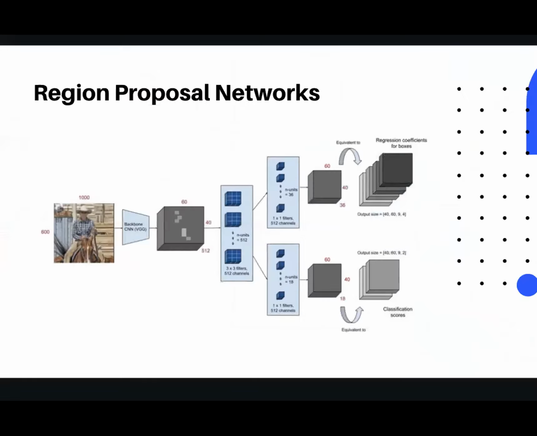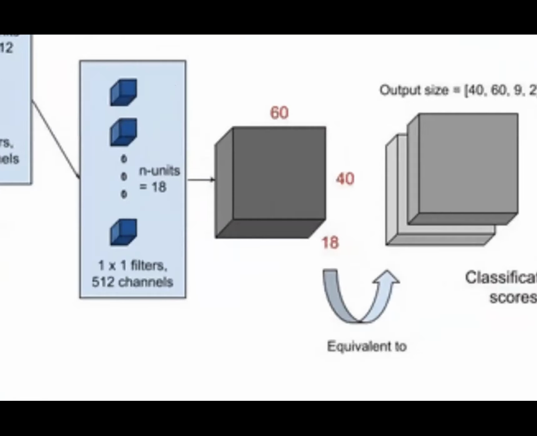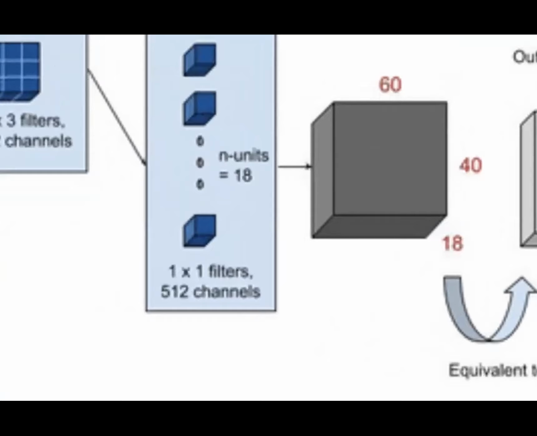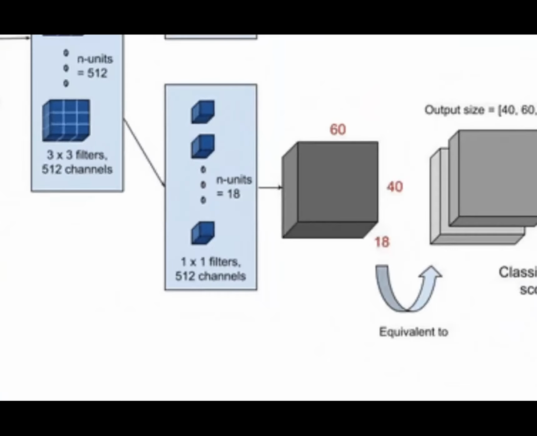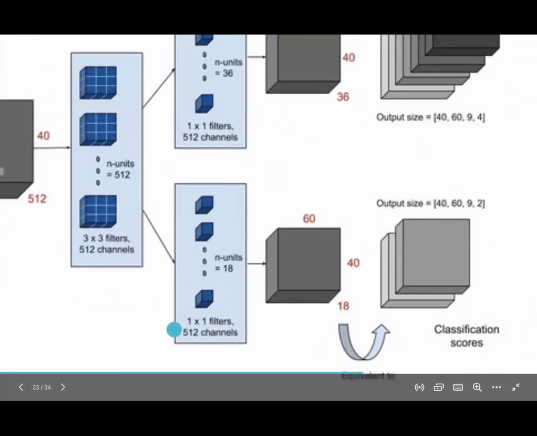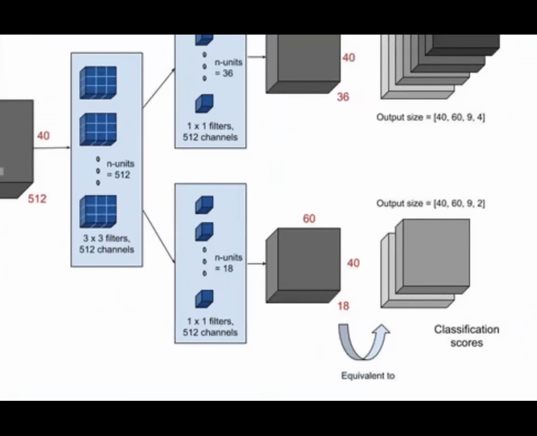Whereas here, we will have a set of 1x1 filters, same thing on top in here also. And they will have how many units? 18. Basically, how many kernels? 18 for this specific number.